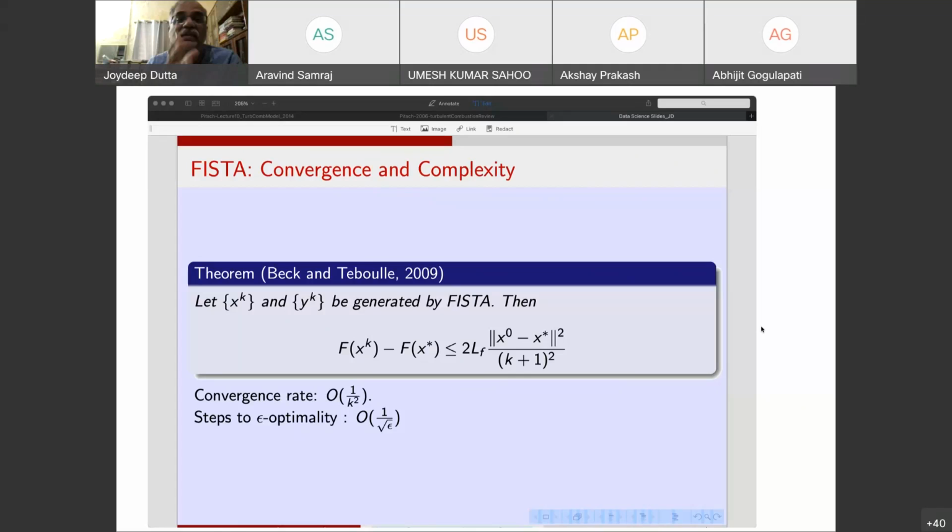So you have got this result. That's a beautiful result, that just by taking one intermediate step, you immediately speed up. It's a quadratic speed now compared to the linear speed in the last one. It goes very fast towards 0, right? As k becomes larger, it goes towards 0 very fast.